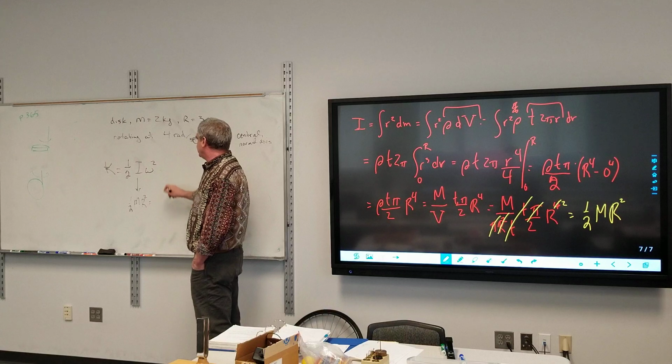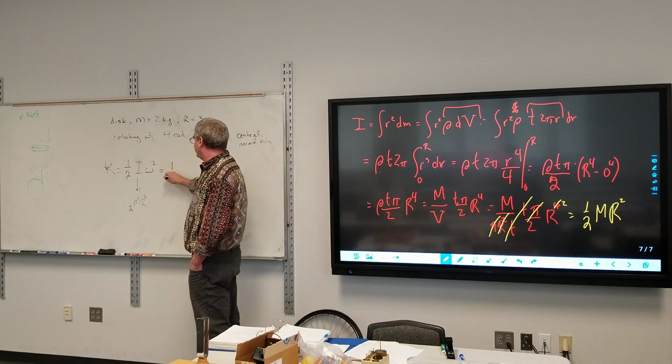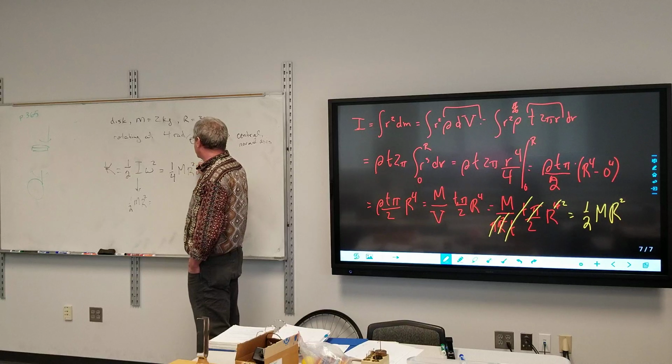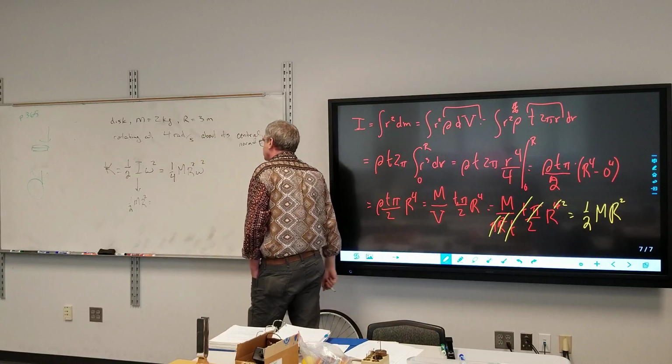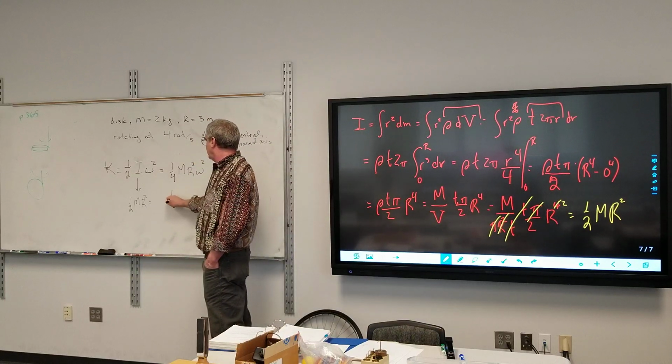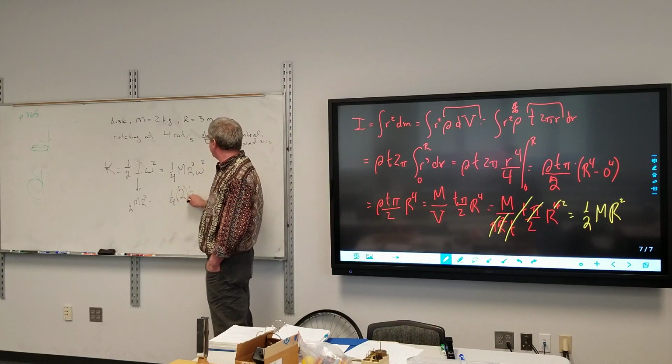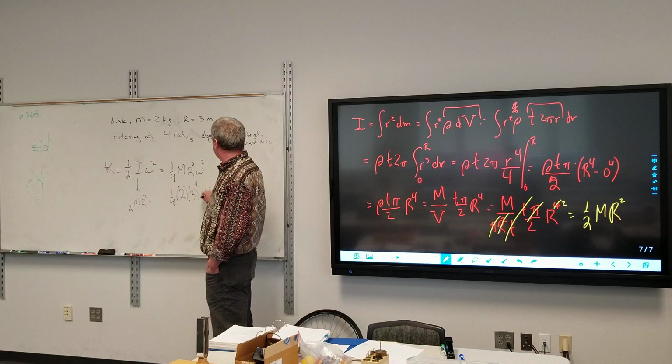So this becomes 1/4 m r squared omega squared. That's 2, that's 3 squared, that's 4.